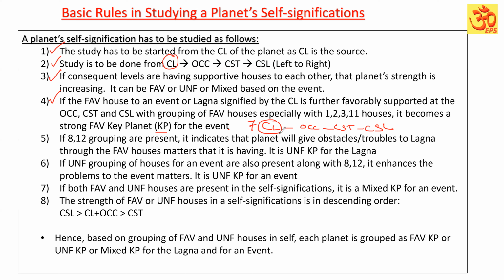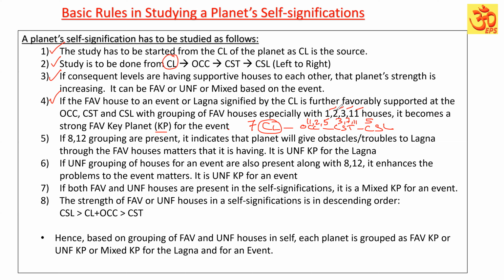And CST also favorable and CSL also favorable. Suppose CST is, for example, 3, 7 and 11, and CSL is, for example, the fifth cuspal sublord. It means all the houses from CL to CSL are favorable to 7th house matters. In that, if the role of the 1, 2, 3, 11 houses is present, it becomes a strong favorable key planet for the particular event.